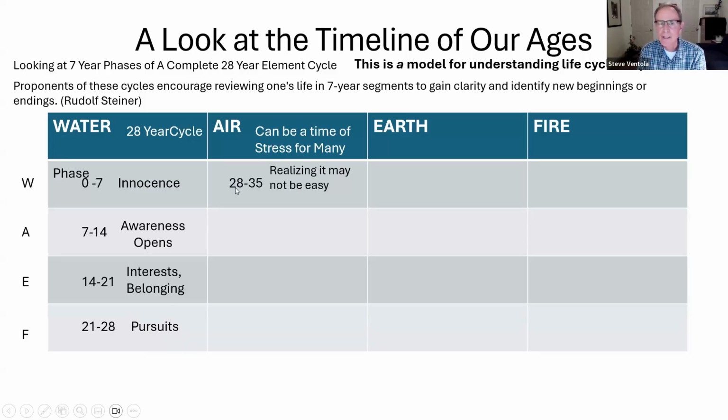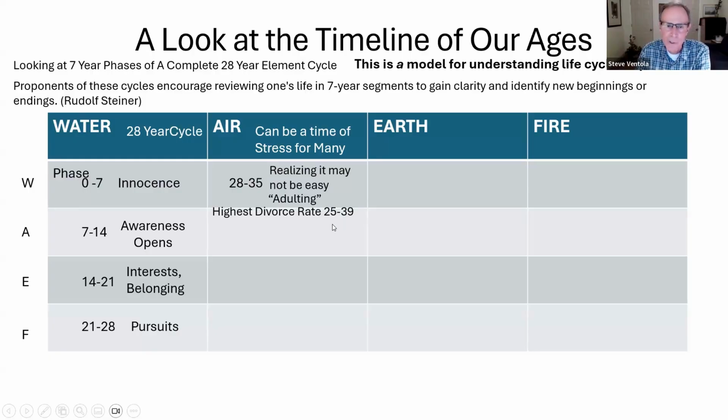I have some patients in this age range and they come in a bit stressed because they realize, there's a term used by the millennials, adulting. They begin to realize they have jobs, they have bills to pay, and it may not be too easy. And during this time frame, overall, there's the highest divorce rate, between 25 and 39.